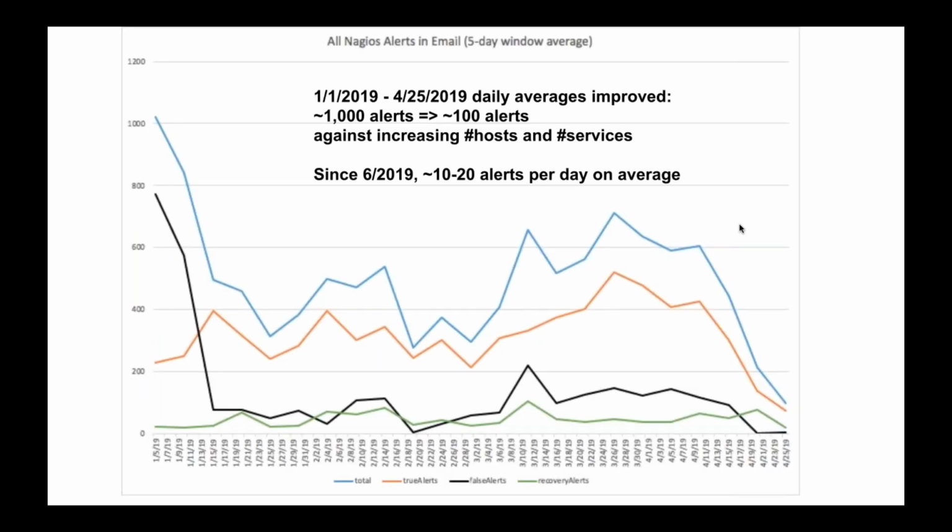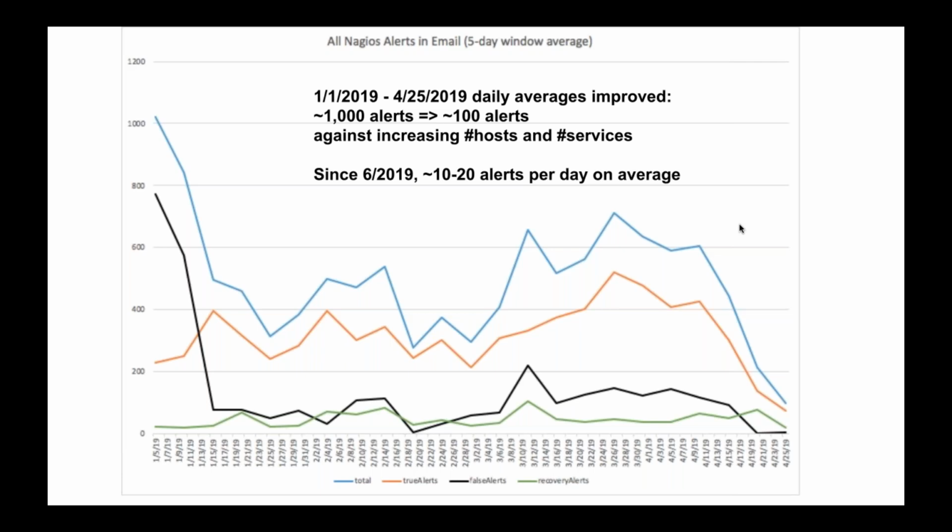So to see the impact of this project, at the beginning of last year, on the left-hand side of this chart, before we deployed our solution, we were handling more than 1,000 alerts every day. Of course, most of those are false alerts.